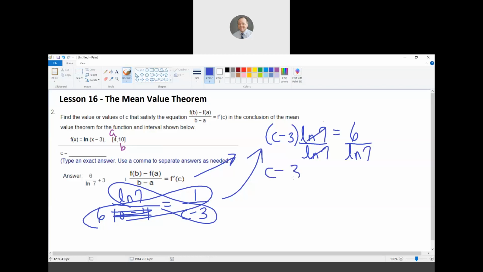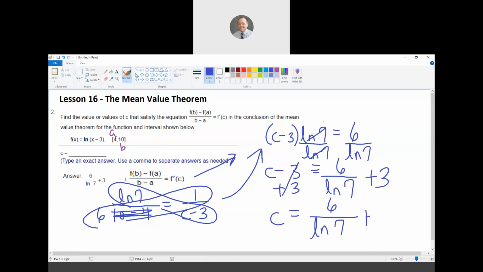We're now left with c minus 3 equal to 6 over natural log of 7. And to isolate c, or get c by itself, let's add 3 to both sides. And we get 6 over natural log of 7 plus 3.